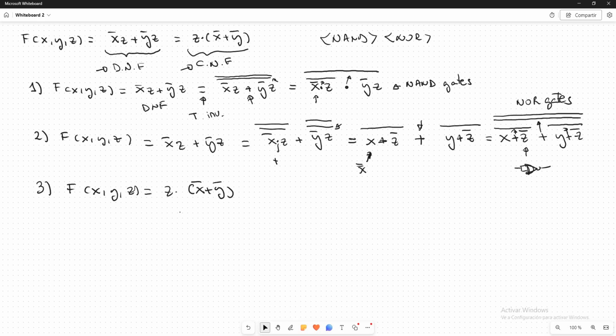So it's as easy as negating twice the whole expression, just as in the case of the NAND gates and the disjunctive normal form. So if we negate everything twice, we have this. We are going to break the first complementation using De Morgan's law, so this logic product is going to become a logic sum.